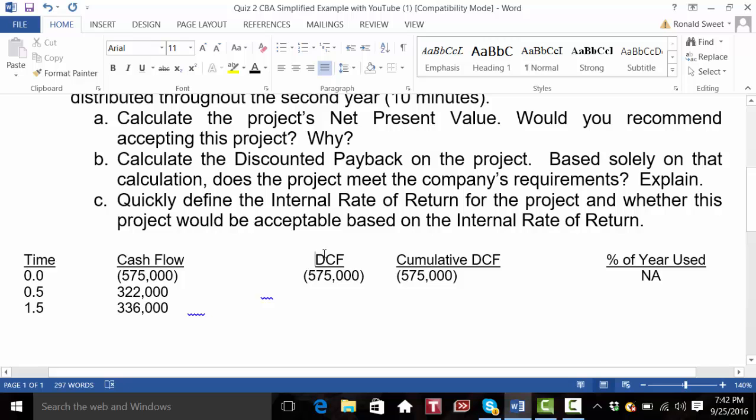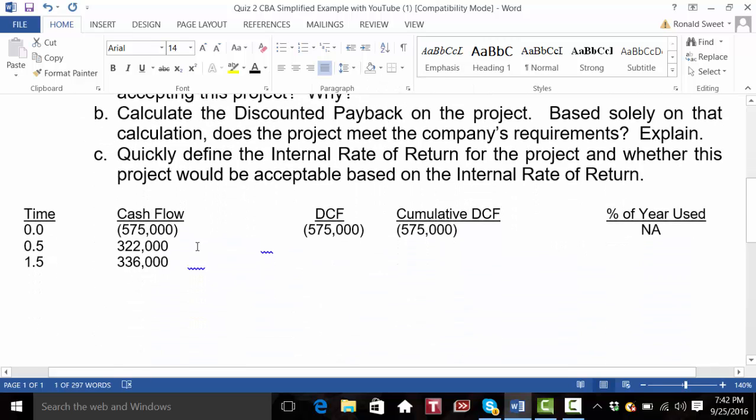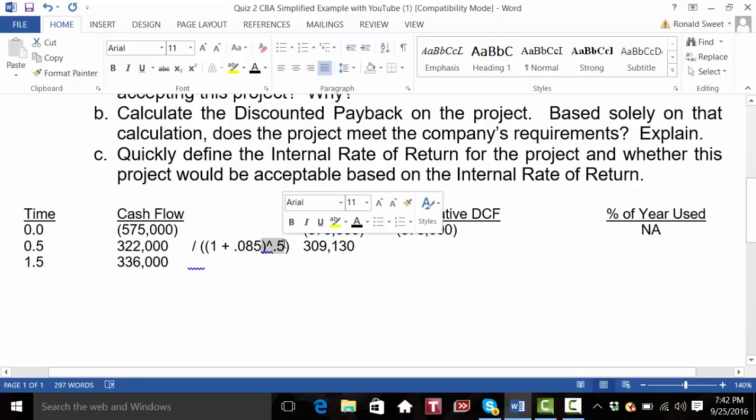We now need to discount those cash flows. Our discount rate is 8.5%, so for year 1, we take $322,000 and divide by 1 plus the discount rate, 8.5%, raised to 0.5.